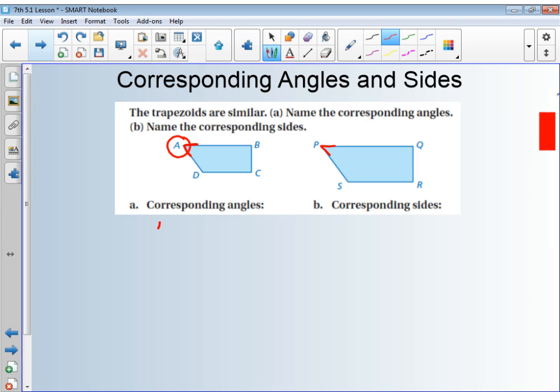So angle A corresponds to angle P. Let's do the next one. It doesn't matter the order that I choose. I'm going to work around clockwise.